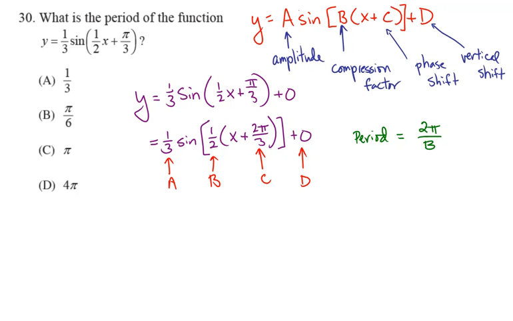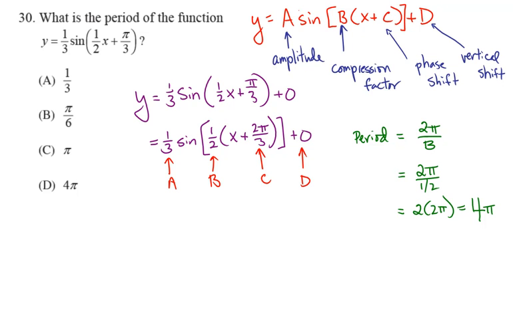For the tan and the cotangent functions, that would be pi over B. But for the sine, it's 2 pi over B, and so B is equal to 1/2. Dividing by 1/2 is the same as multiplying by 2, and so the period of that function is 4 pi.